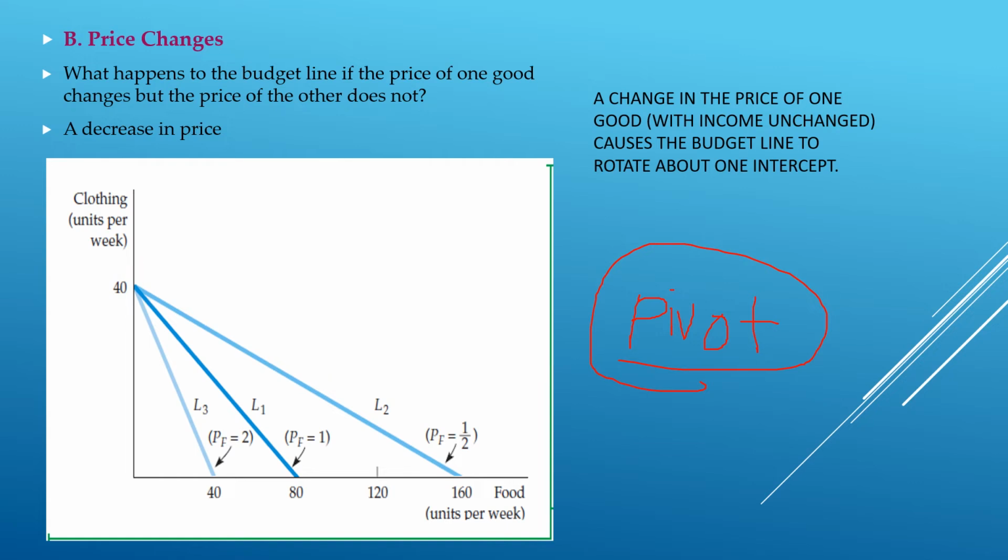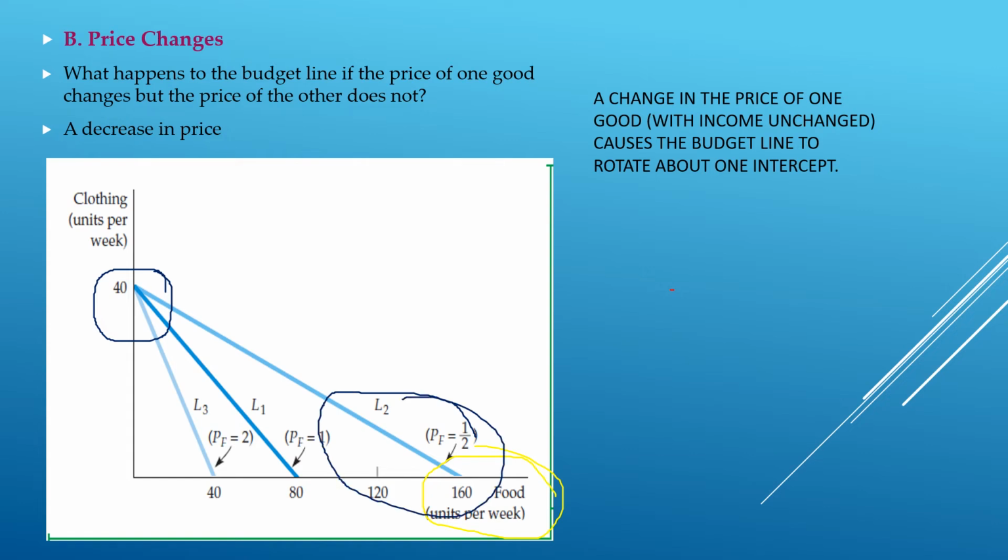For instance, let's say there is a change in the price of food. Then the budget line at this side will remain, and only this side will pivot.